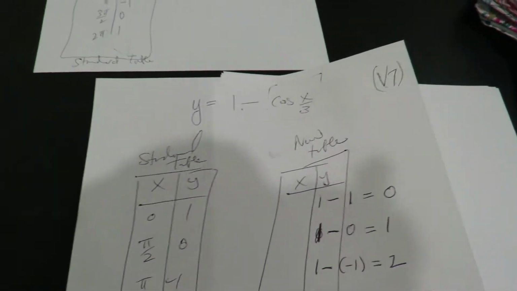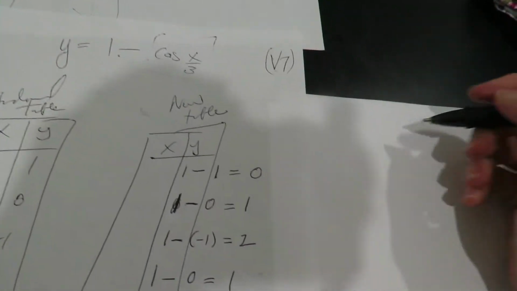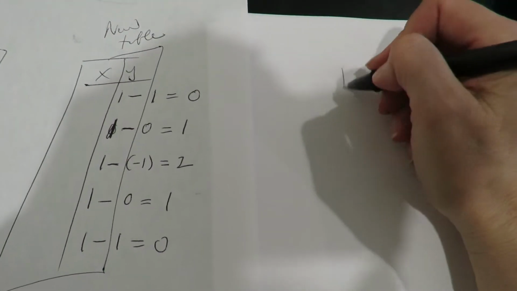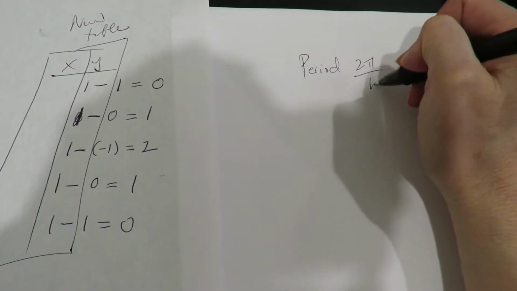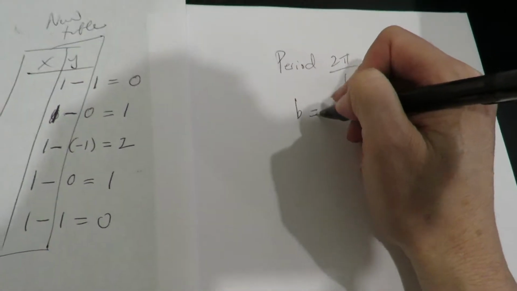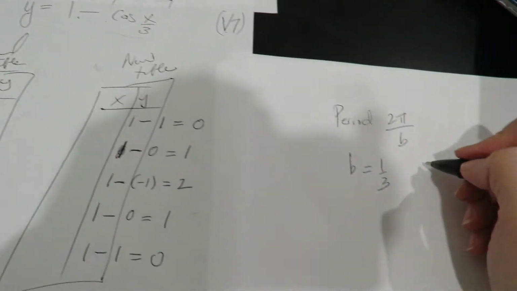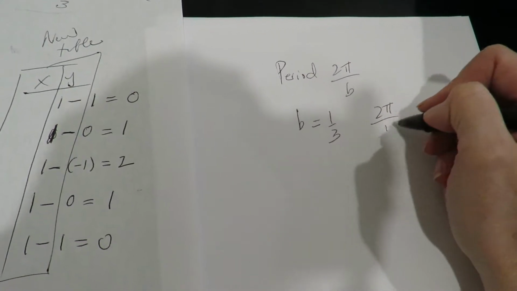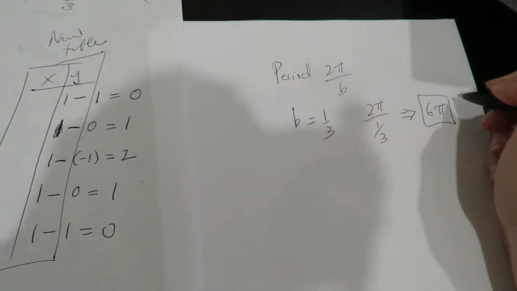For the domain now, we have to do the calculations. So again, the period is 2 pi over b. B in this case we said was 1/3 because you're doing 1/3 times x. So it's 2 pi over 1/3, which flips it up to be 6 pi.